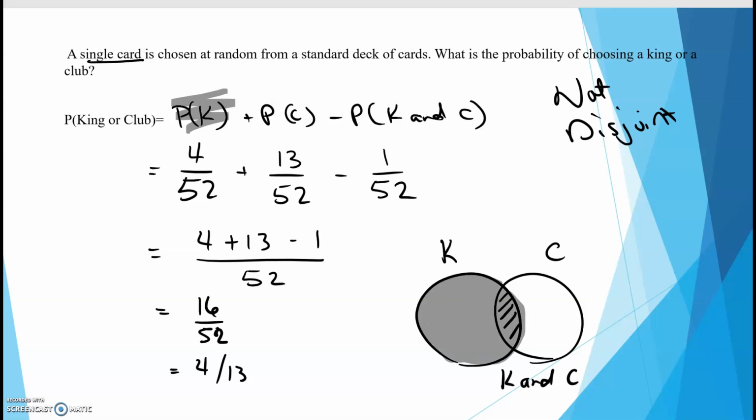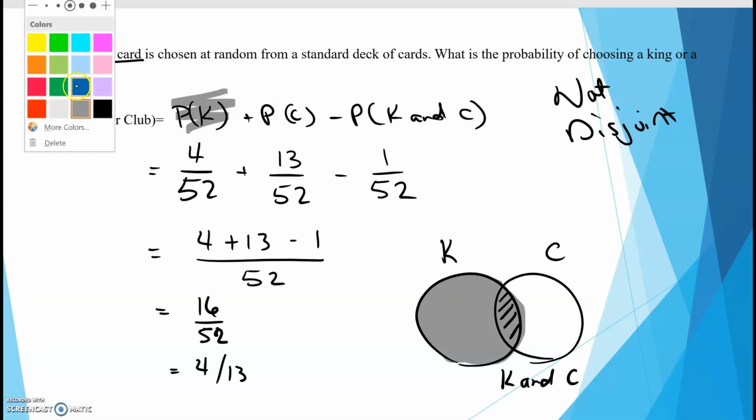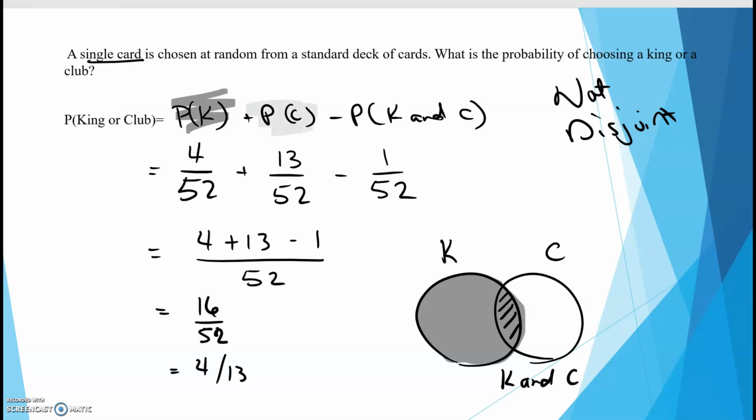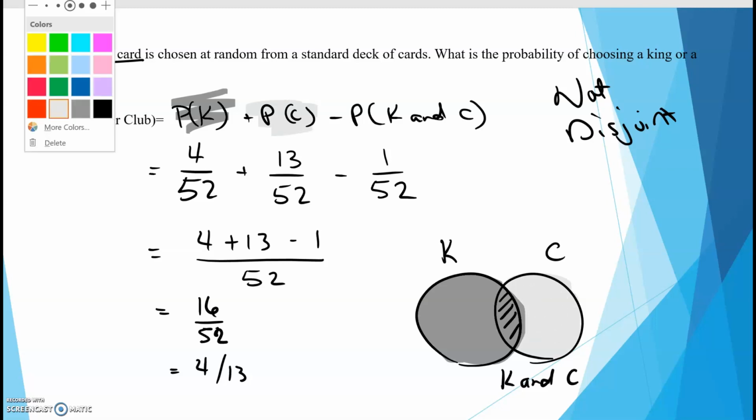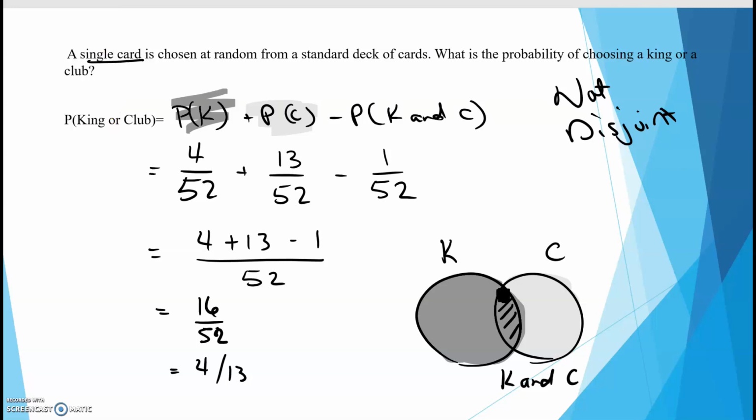We looked at all of that right there. And then what we did for probability of clubs is we looked at all of this right here, including this little section here. Now we have a double count for the middle part right here. We counted it once for the king and then once for the club.